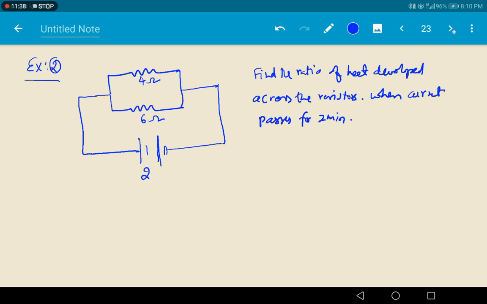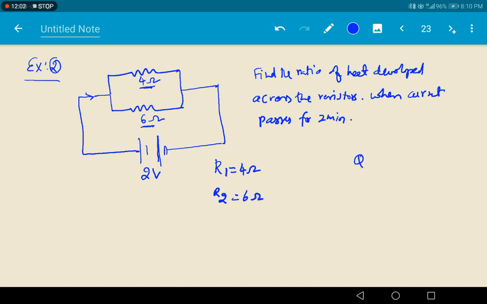Suppose this is 2 volts. Now in this case, the resistances are 4 ohm and 6 ohm. R1 equals 4 ohm and R2 equals 6 ohm.